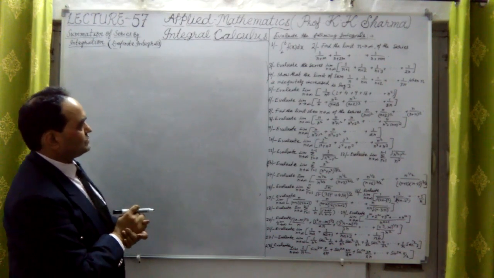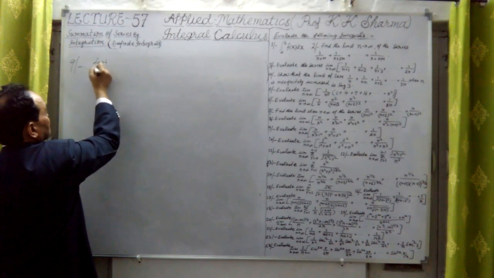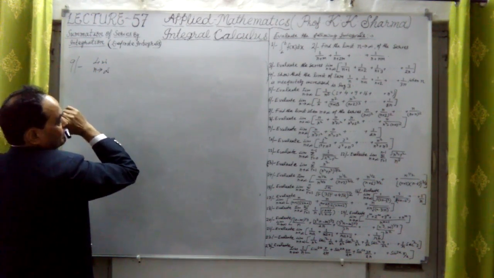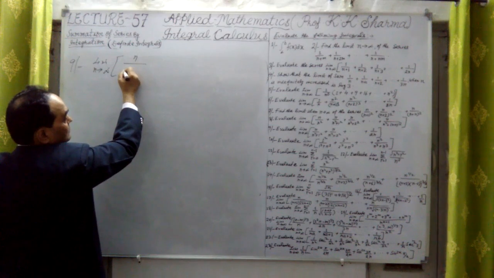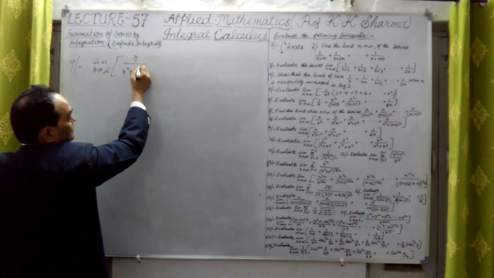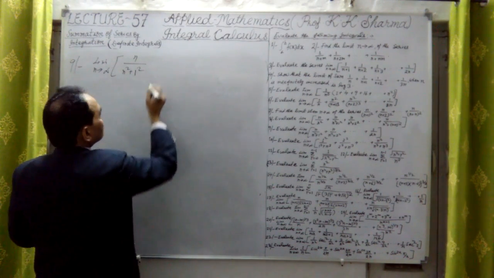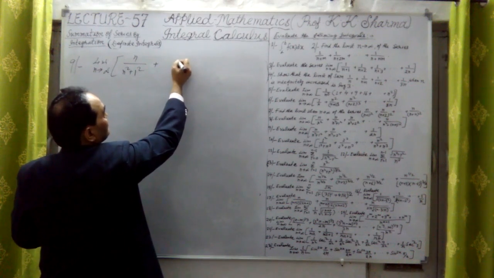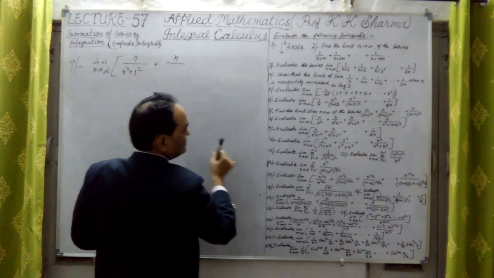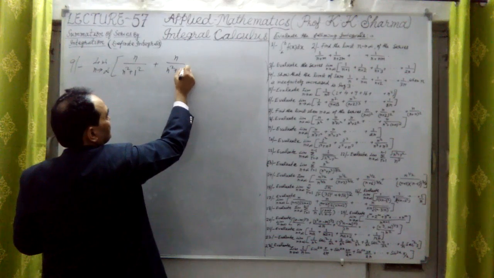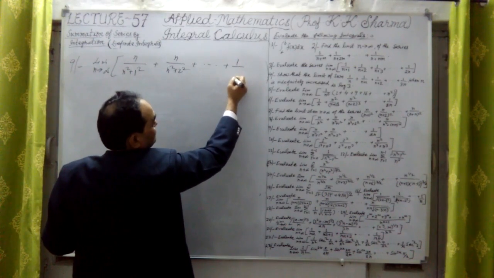Ninth question is: evaluate the limit n tends to infinity of n upon n square plus 1 square, plus n upon n square plus 2 square, and so on. The last term is 1 upon twice n.